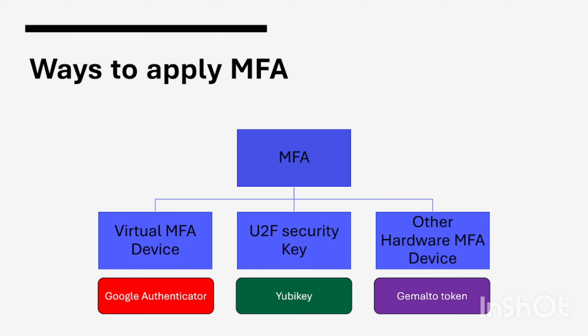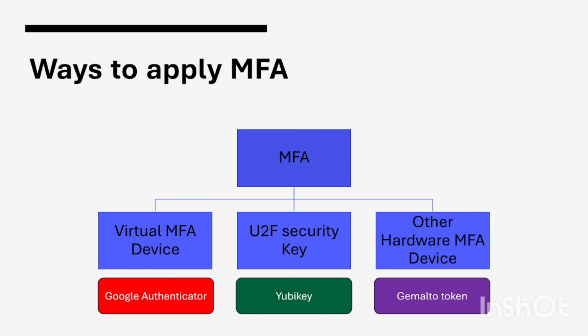Now, talking about how we can apply MFA to our user account or to our root account also. There are three methods with which we can apply MFA. The first one is a virtual MFA device, which is nothing but a mobile app, Google Authenticator, and we shall be using Google Authenticator in this lab. The other two are hardware MFA devices.